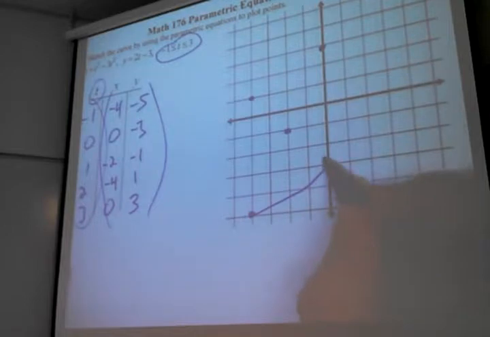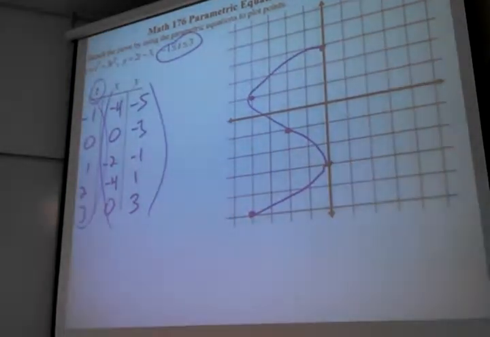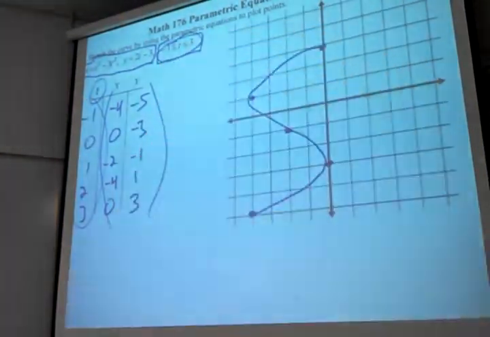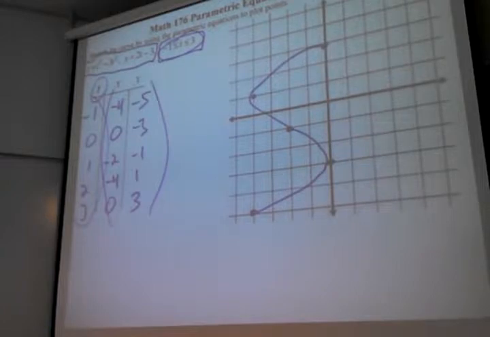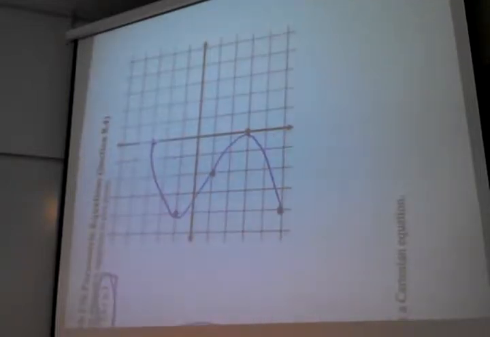So it does that S thing we saw last time. Cool. So they have to give you what x and y are defined to be in terms of t, and they have to tell you what t does. They have to give you some kind of range for t. Now, if they're sine and cosine, maybe they don't have to, because it retraces itself. But this thing would go forever off in both directions. If I just turn this, it becomes a normal cubic.